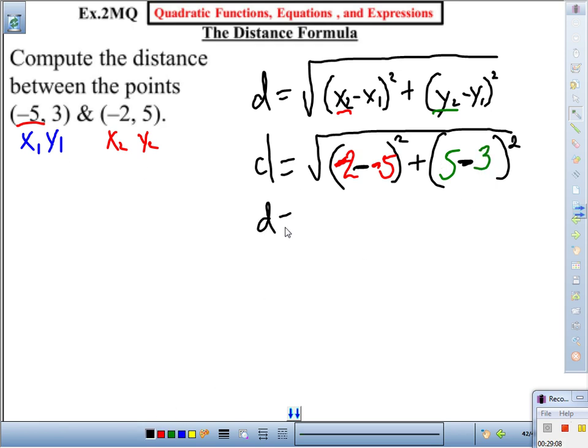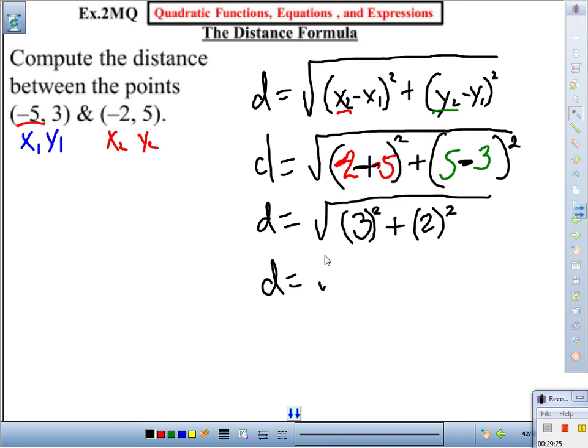All right. D equals square root of, who noticed here negative and a negative here? That became what? Positive. So this is a 3 squared plus, what was this? 2 squared. Yes. D equals 9 plus 4. D equals square root of 13.